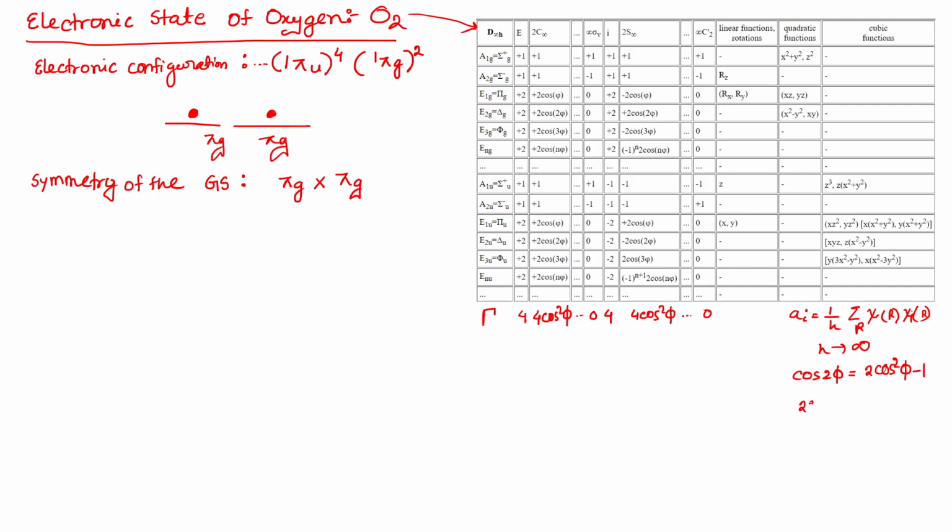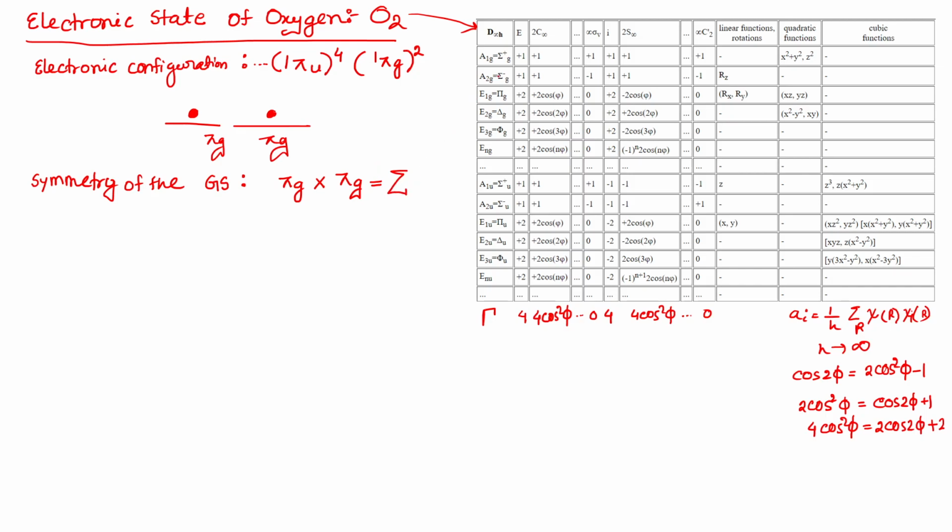So 2 cos square phi is cos 2 phi plus 1. So 4 cos square phi is 2 cos 2 phi plus 2, right? So if you look here, you have 2 cos phi, cos 2 phi, and plus 2, and 1, 1 will come from here.